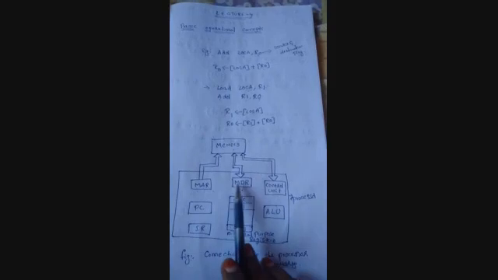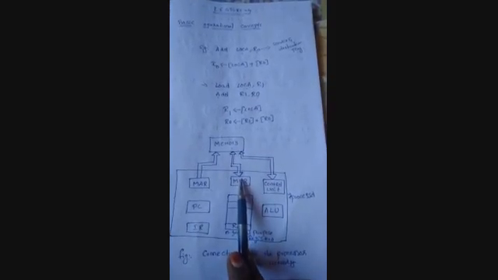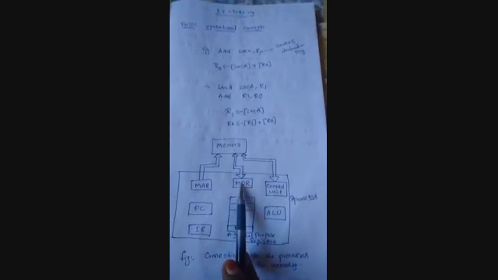If the result of this operation is stored in the memory, then the result is sent to the MDR register during the write cycle. After that, the MDR register sends the data to the memory.